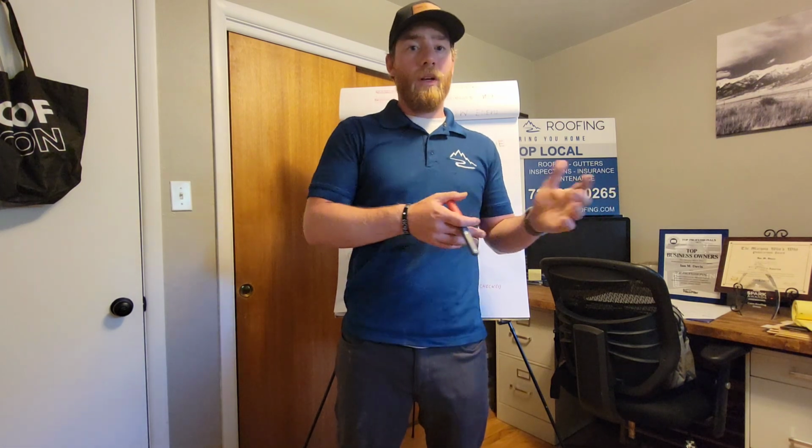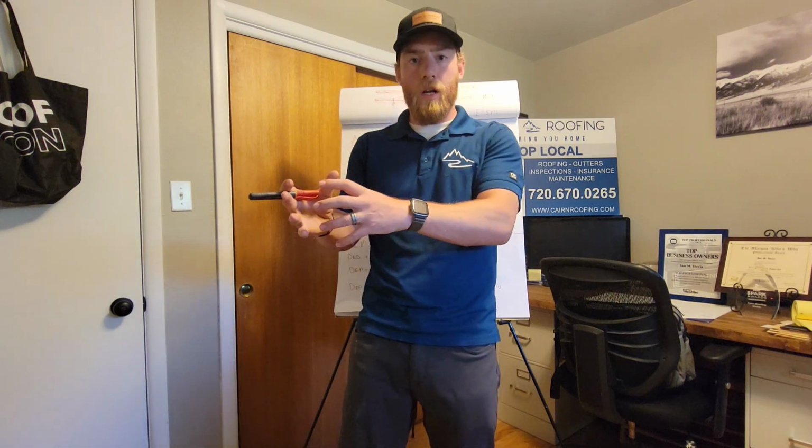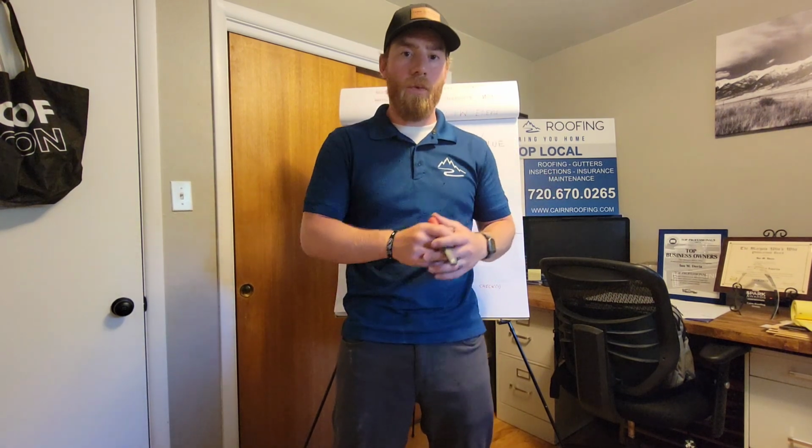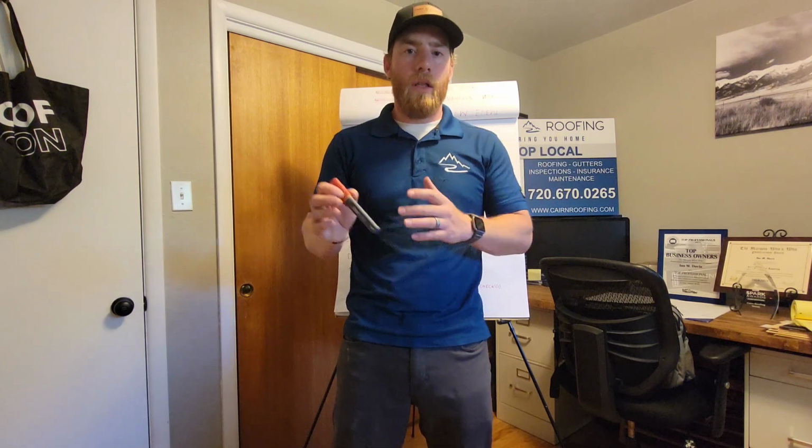Those are things like code upgrades, like drip edge and ice and water shield, where the insurance company knows it has to go up there, but they're like, well, you don't currently have it, so we can't depreciate anything, we can't valuate it right now. So tell you what, we're gonna put this arbitrary number next to it and say this is what we think it's worth, but you're not gonna actually get that unless you do the work. So that's called PWI, or paid when incurred.